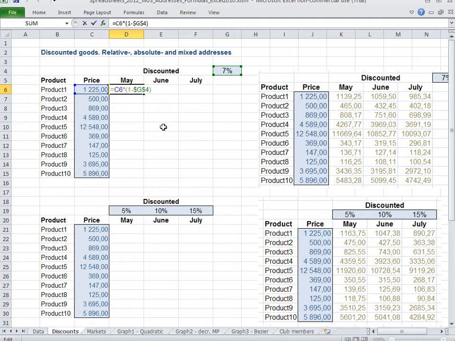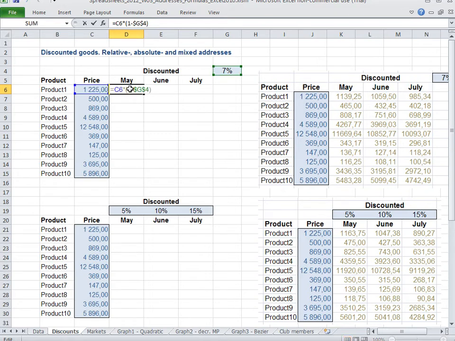But actually we also want this blue cell to move to the right direction as well, because you see, when we're going to take the formula for June, then we in June want to do the discounting, so 7% is in place, but we in June would like to discount the May's price.